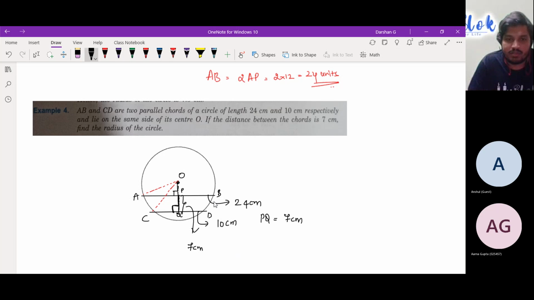The distance between them is 7 centimeter, which I have shown here, and the length of one chord is 24 and the other chord is 10. So we know the property: we have a circle and a chord, and if you draw a perpendicular from the center, it will divide the chord into two equal parts. So use that property and try to do this question. I'll give you 3 more minutes. It's difficult to do in 3 minutes, but please try.